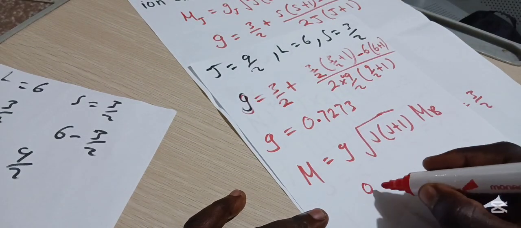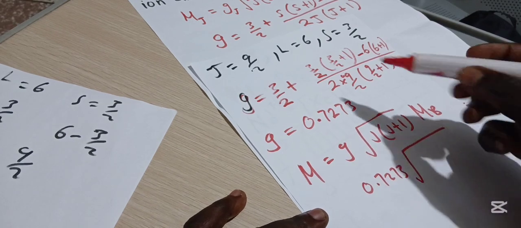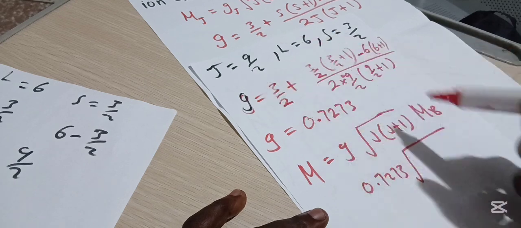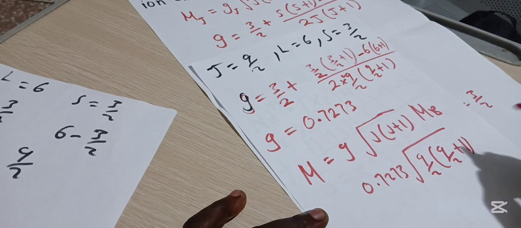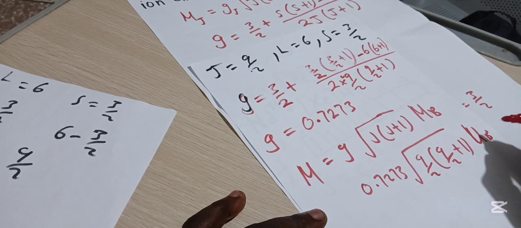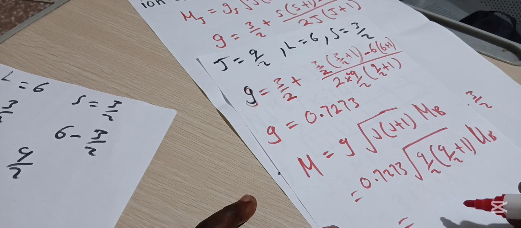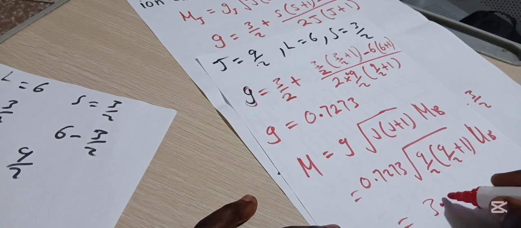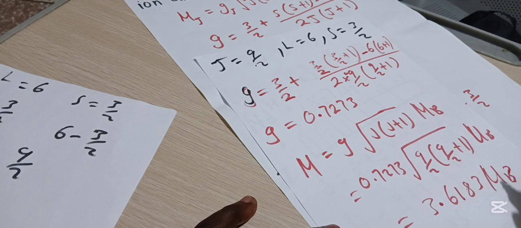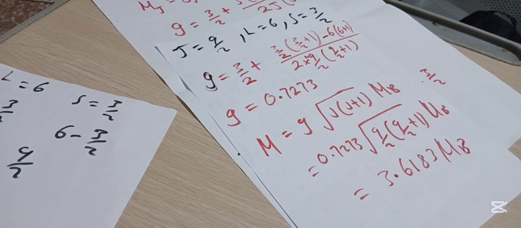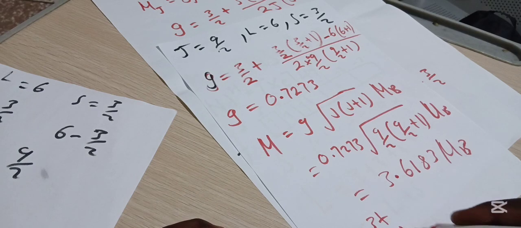We are going to get our g is 0.7273 root, and our J value is 9/2. So 9/2 into bracket 9/2 plus 1 Bohr magneton. Punching this on your calculator is going to give us 3.6183 Bohr magneton. So that is the magnetic moment for Nd3+ ion.